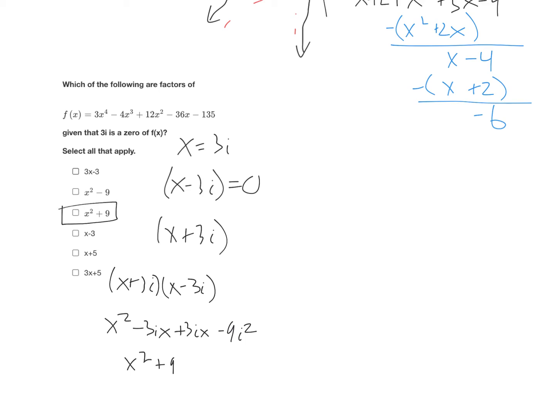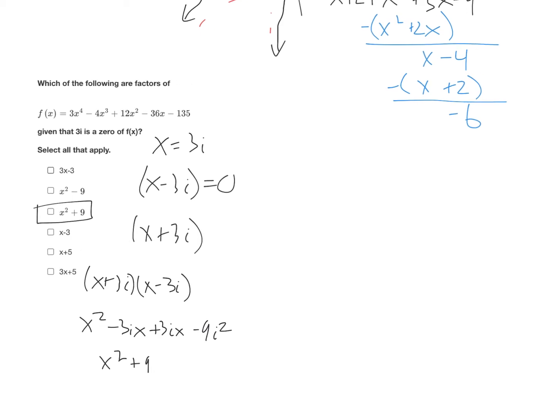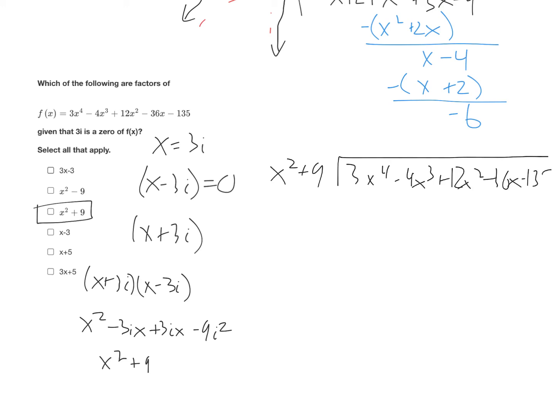And now I need to divide that, so I know this is a factor, into this and see what's left over. A lot of division in this problem, I guess, huh? Or in these two. So I've got x squared plus 9 into 3x to the 4th minus 4x cubed plus 12x squared minus 36x minus 135.